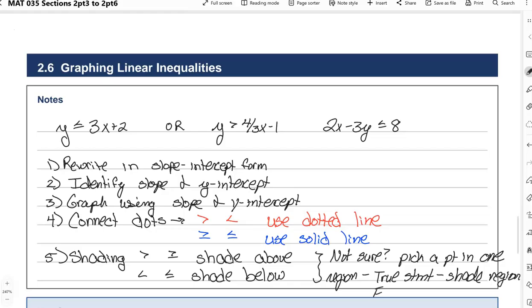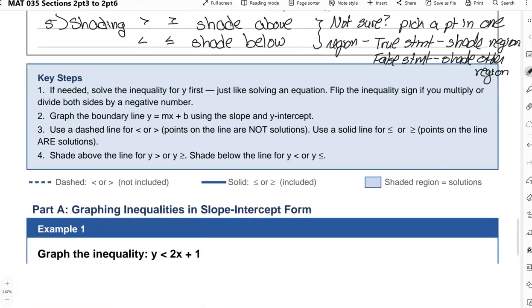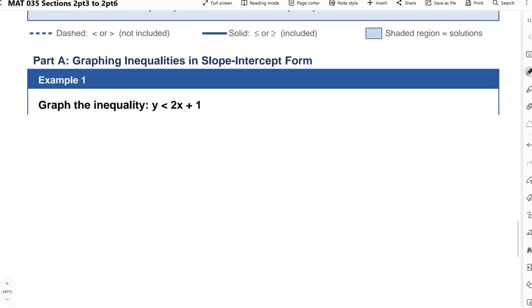If you get a false statement, you're going to shade the other region. And I will walk you through both of those examples, both of those ways to figure that out. So let's look at a few examples.